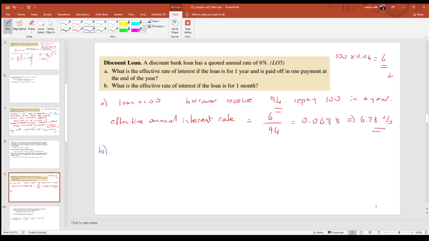what is the effective rate of interest if the loan is for 1 month, not 1 year? So how are we going to solve this?